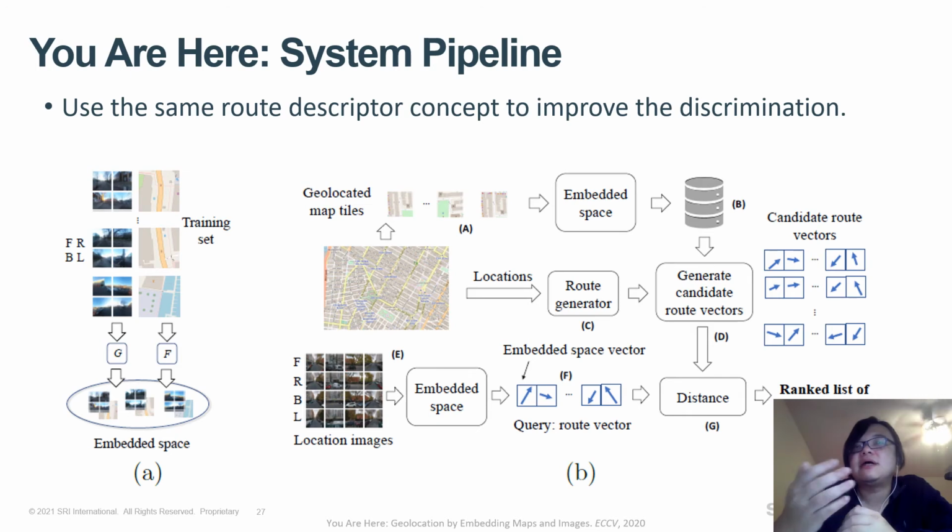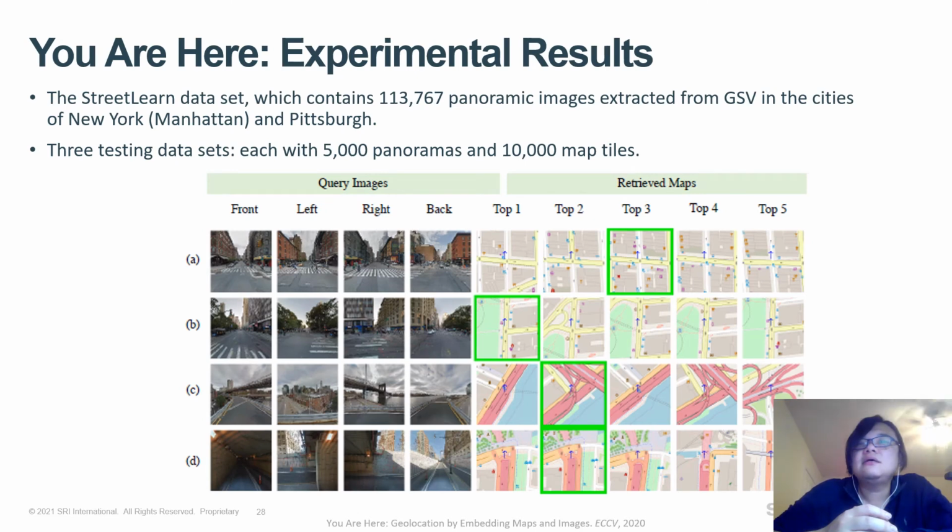It's the same as their previous work. They also created a new test dataset and a training dataset. The results show that their performance is better than their previous work because the embedded vector they learned is more powerful than the binary semantic vector.